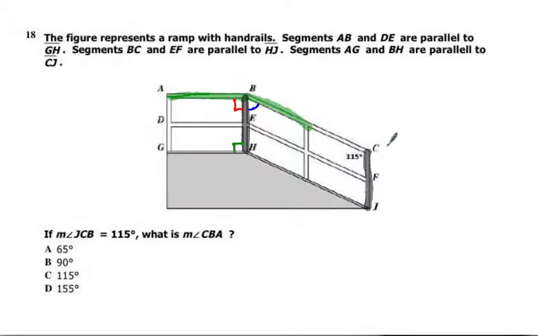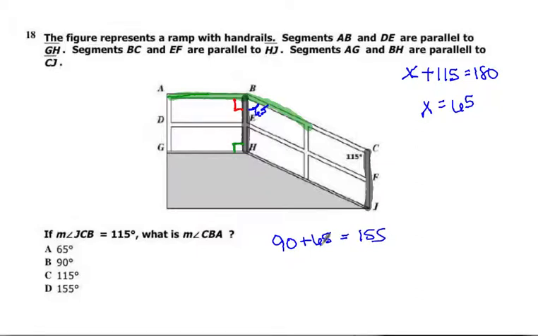You notice we have an obtuse angle and an acute angle, so they're not equal. x plus 115 equals 180. Subtract 115 and x is going to be 65. So this is 65 right here. But we're not done with the problem. We want that whole green angle. So 90 plus 65 is going to give us 155. So your answer is 155.